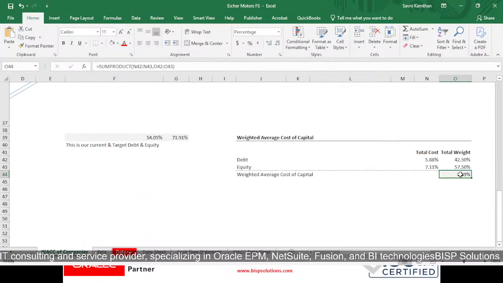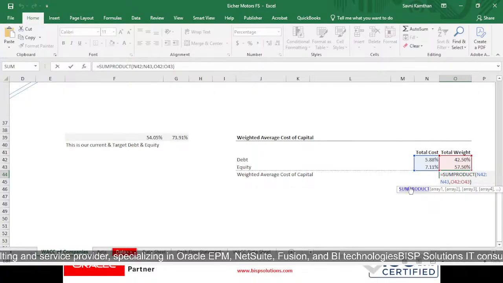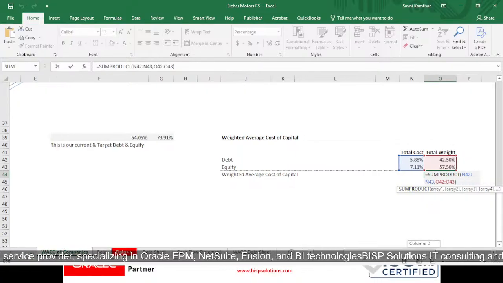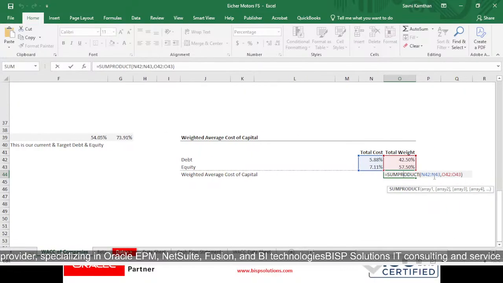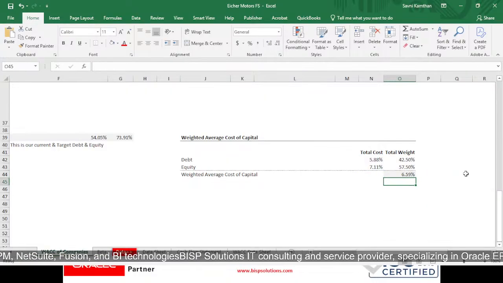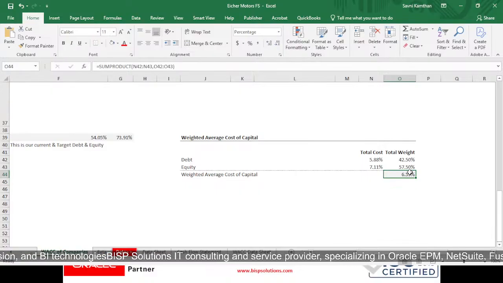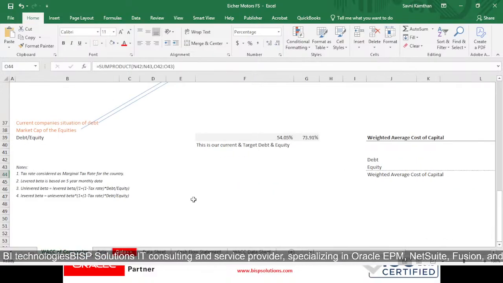Then I want to calculate my WACC, which is weighted average cost of capital. So how to do that? I have taken the sum product function, and I have calculated my total cost and total weight array, and when I clicked on enter, it gives me 6.59% as the weighted average cost of capital, right?